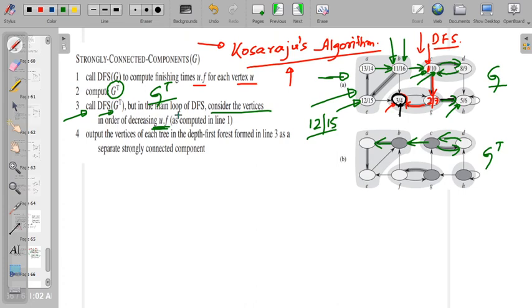So here the idea is why we are computing G transpose.